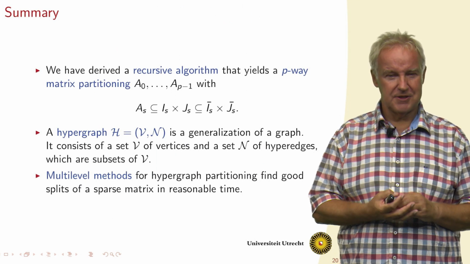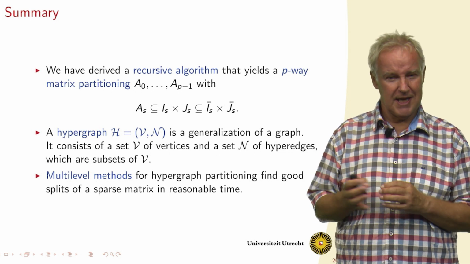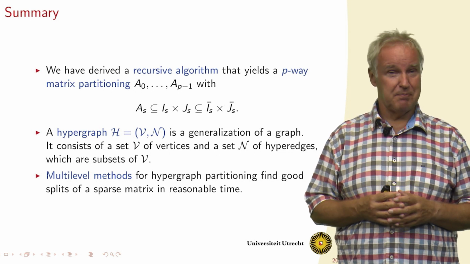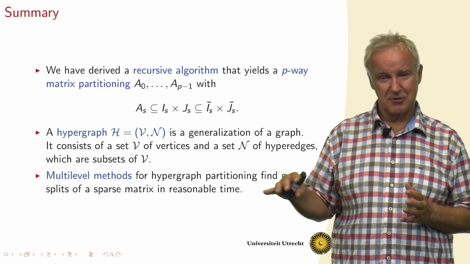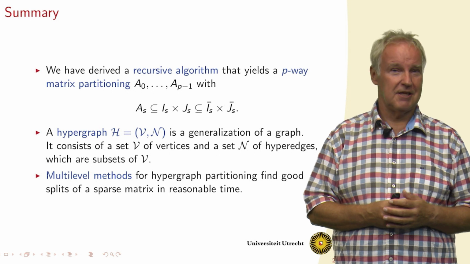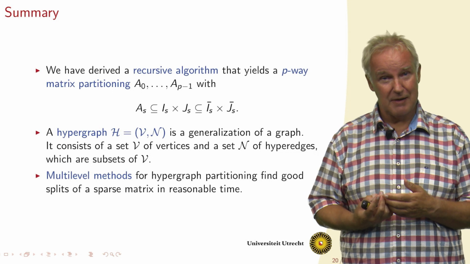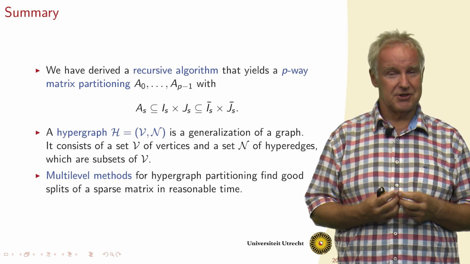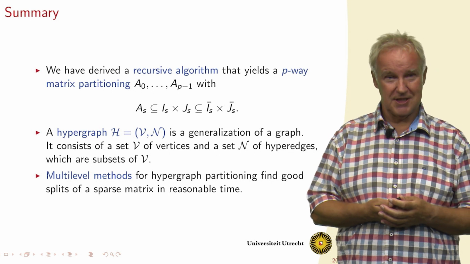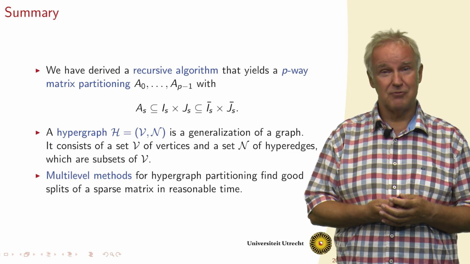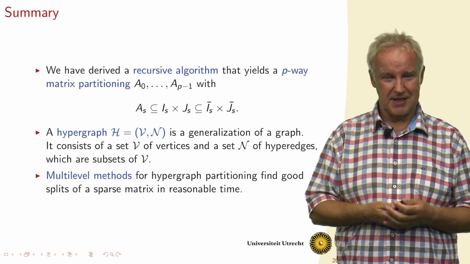Okay, to summarize, we've seen a recursive algorithm, the Mondriaan algorithm, that gives a p-way matrix partitioning, giving parts A_s that are contained in these index sets. We've seen a new notion, hypergraphs, which are a generalization of a graph, which have a set V of vertices, and a set N of nets, which are hyperedges, and they are subsets of the vertex set.